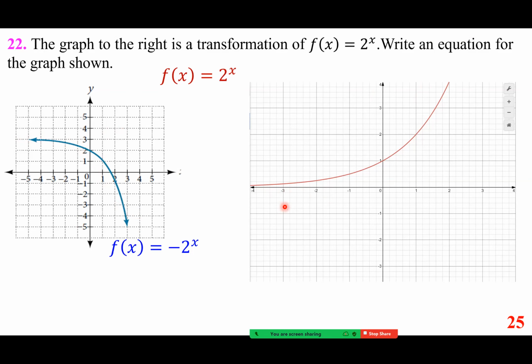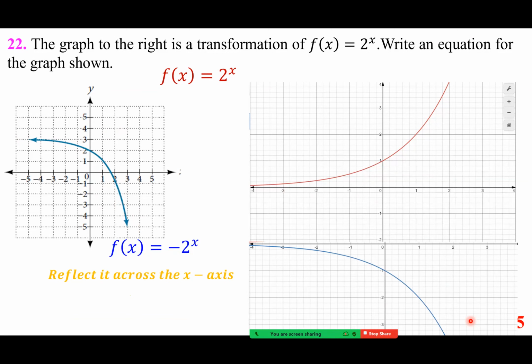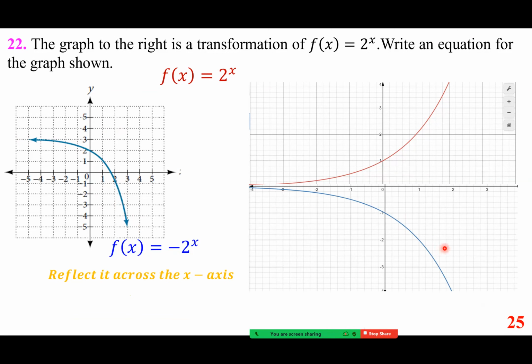There seems to be a reflection across the x-axis, looking like that. So this one has the equation minus 2 to the power of x. So that's the blue one. This is the graph.